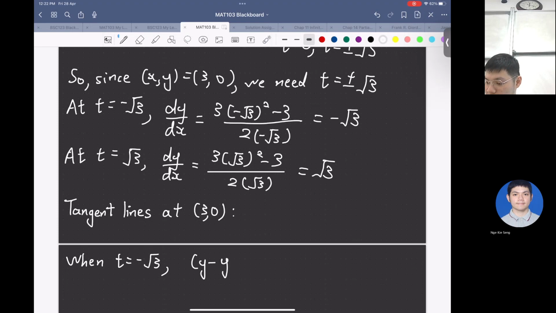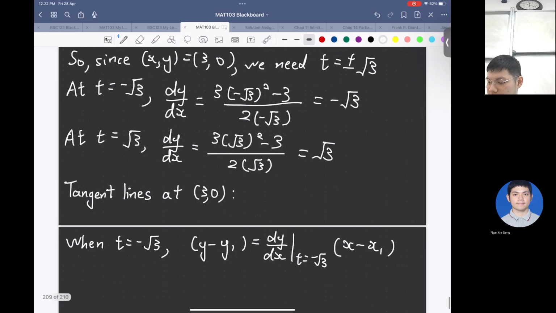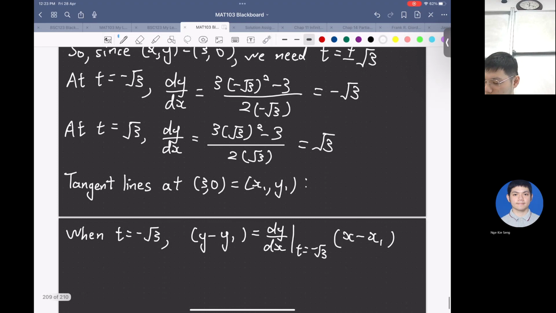y minus y1 equals dy/dx at t equals to minus square root 3, times x minus x1. Okay, so in this case, our x1, y1 is our 3, 0. Right, we want to pass by this point. So we'll sub it in.